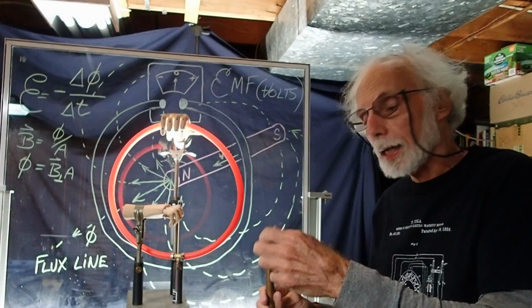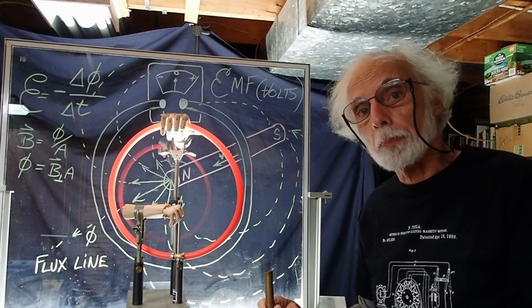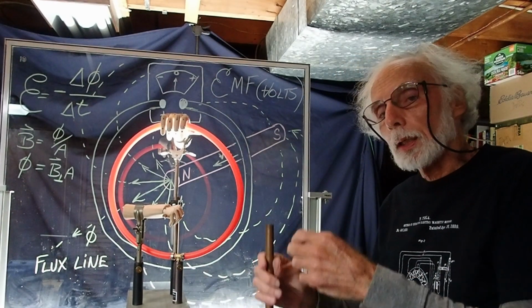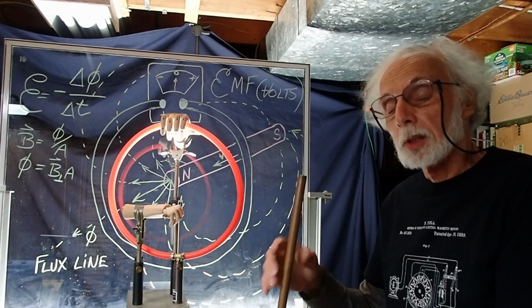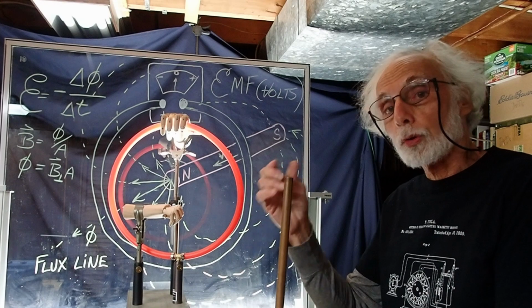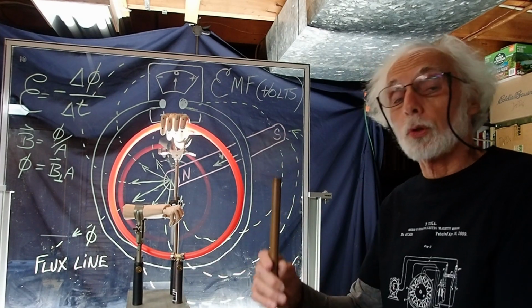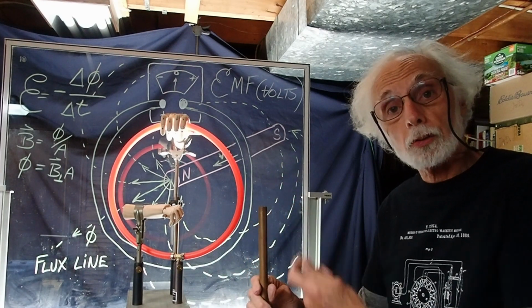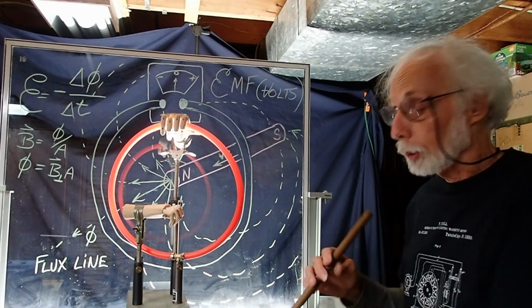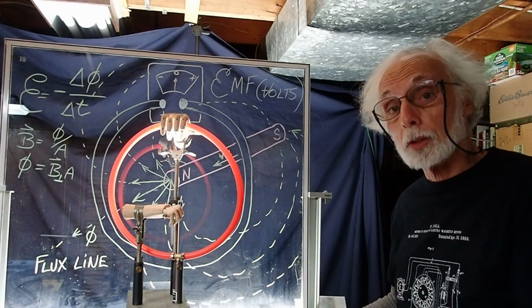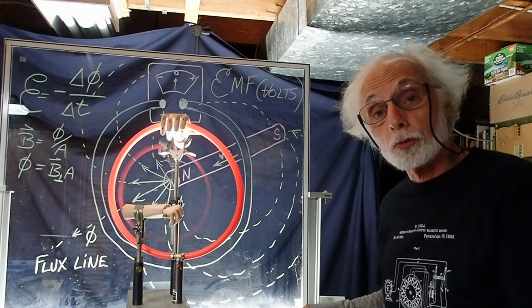So I get the effect if there's lots of current caused by that voltage. If I cool this down, resistance goes down with temperature. If I cool this down, the resistance goes down, the current goes up, the opposing magnetism goes up, and this falls even slower.